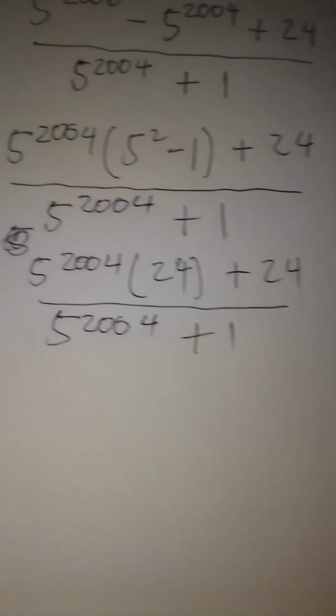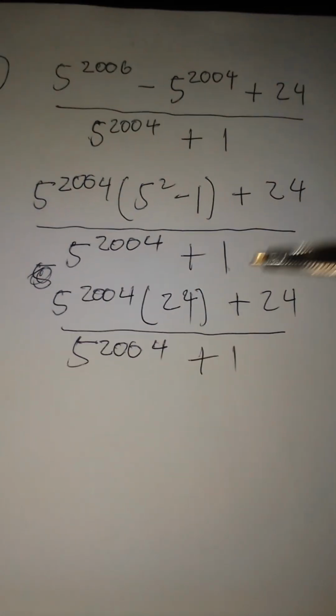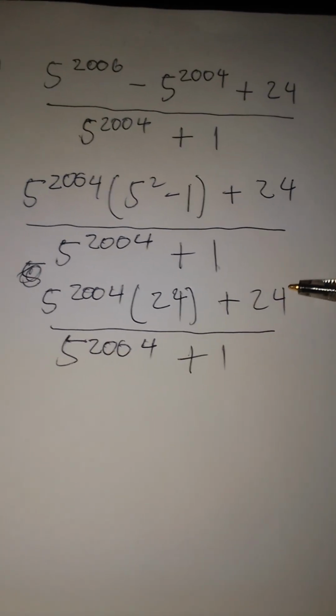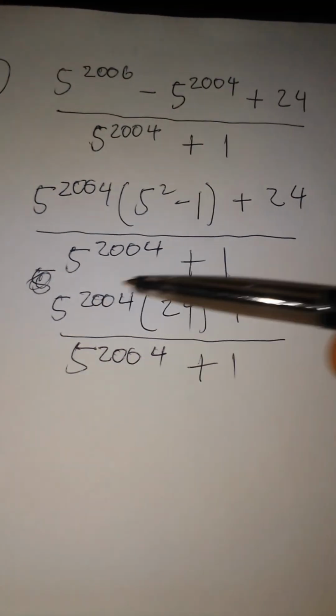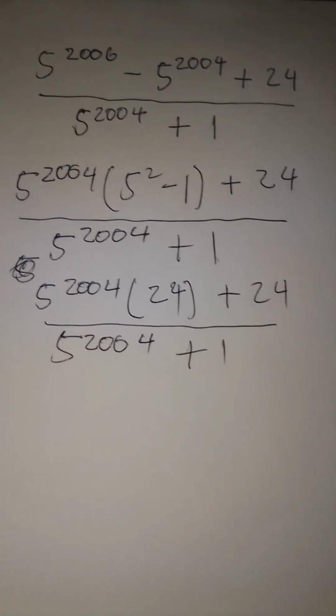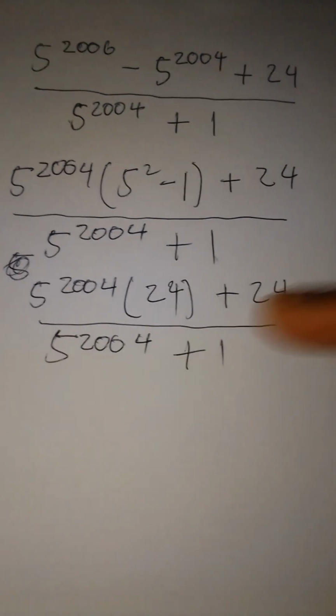So guys, can you see again that at the numerator we're having a 24, and here also a 24 and 24. So we're having 5 to the power of 2004 times 24 plus 24. So we can take out again a common factor.